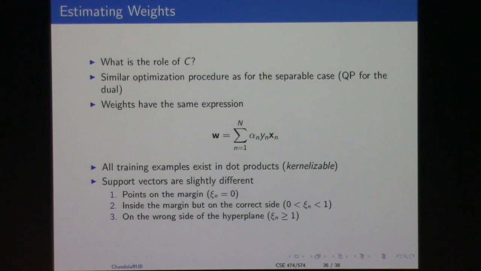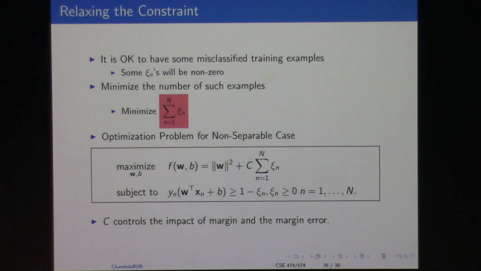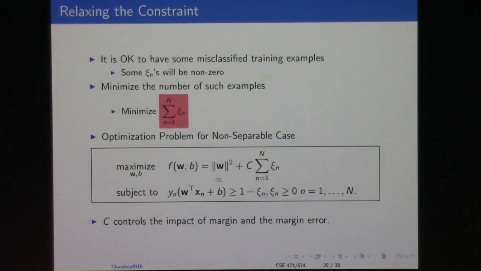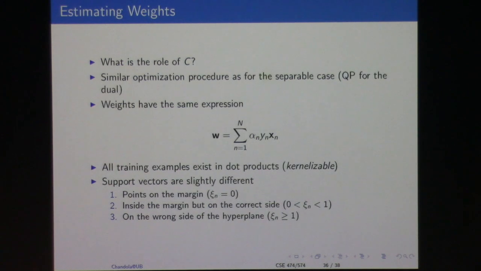We have seen that the margin actually is the inverse of the complexity, because you're trying to minimize W transpose W, which means maximizing the margin. So it has the same effect. So the sum of the slack values could be treated as your training error. This is how much error you accommodate. And the other part can be treated as the complexity. So C has the very same effect of balancing between the two.